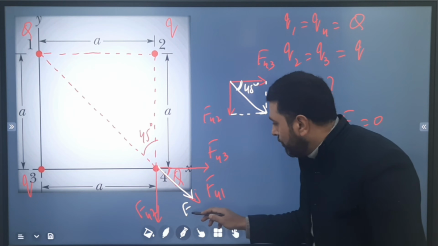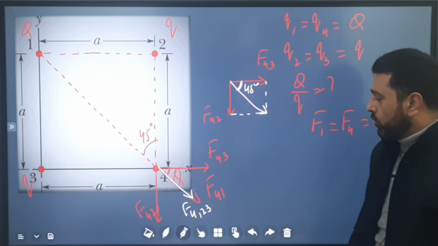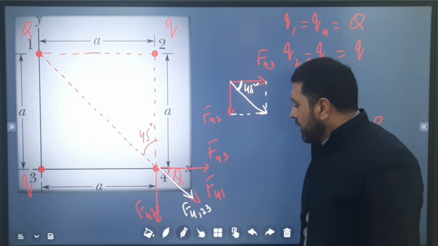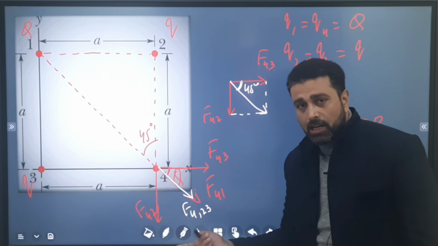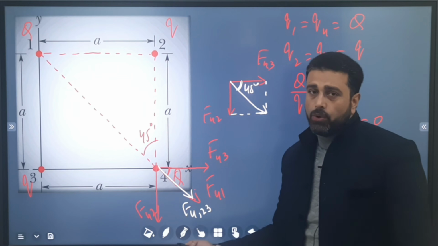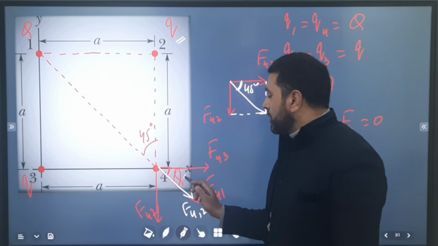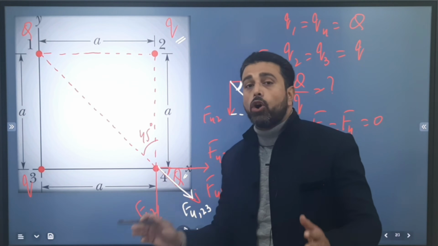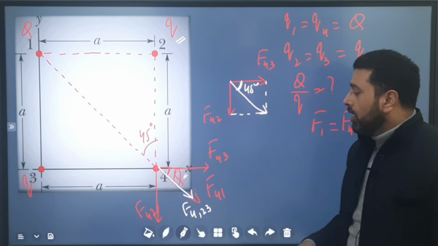I'll call this force on 4 from 2 and 3. The two forces are now in the same direction, so they'll add up. They'll not cancel out, so net force cannot be 0. If small q is like capital Q, then net force cannot be 0 because the forces are additive in nature.